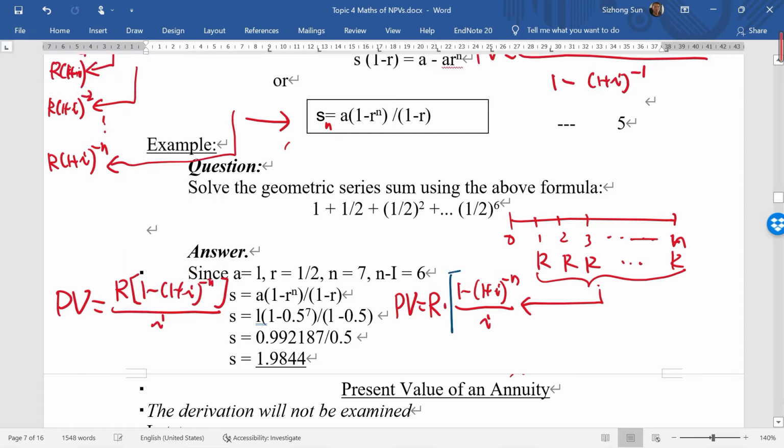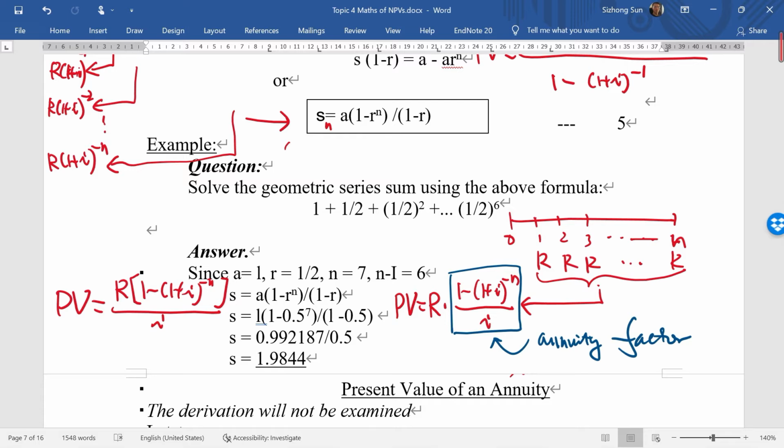We actually have a name for this term. This term is called the annuity factor. The intuition is quite straightforward. What is the present value of this R-dollar annuity for n years? It's just each period's payment times the annuity factor.